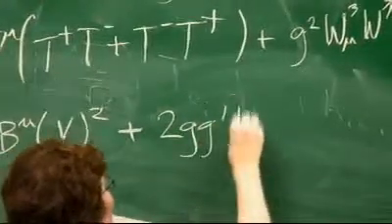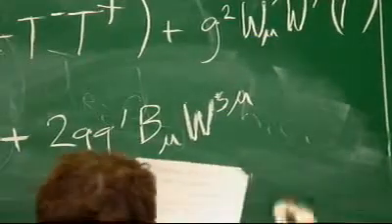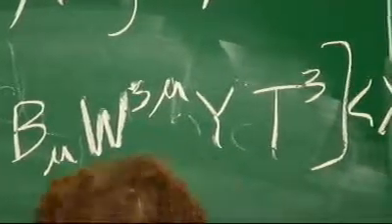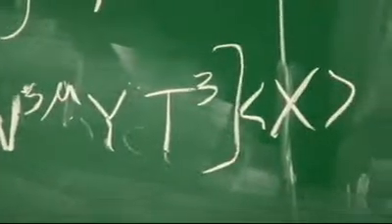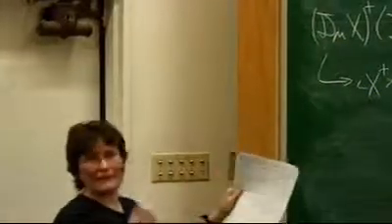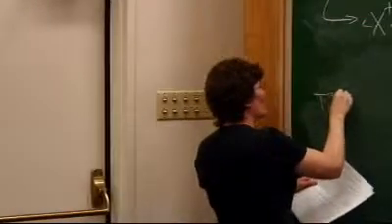There's a cross term which looks like 2 g g prime B mu W3 mu that doesn't raise or lower your state: Y times the third generator of isospin, and then here's my other X. I'm writing this in a general form so that I can plug in numbers for any representation that I like. The T plus, T minus.